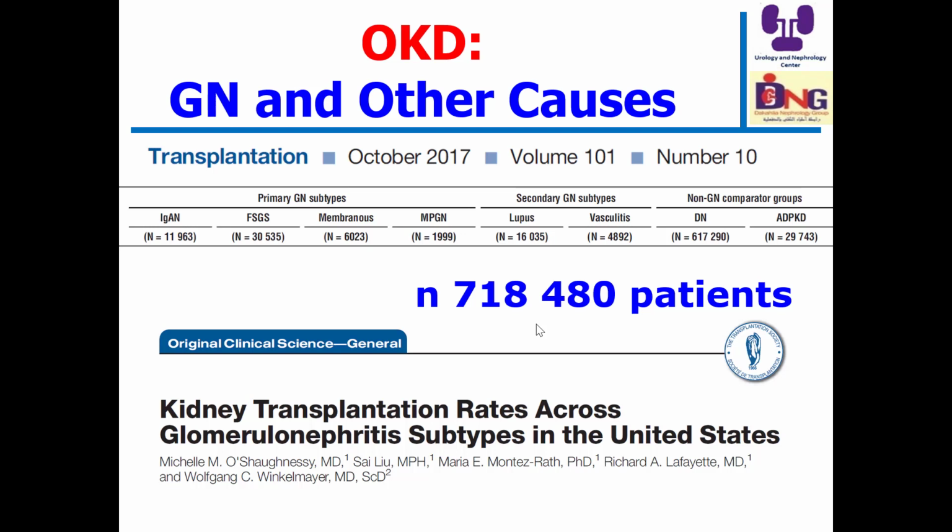So just with one click, you can know the original kidney disease for 700,000 patients: IgA 11,000, FSGS 30,000, 6,000 membranous nephropathy, 2,000 MPGN, lupus 16,000, vasculitis 5,000, diabetes 617,000, and approximately 30,000 polycystic kidney disease. So these are the major causes of the original kidney disease.